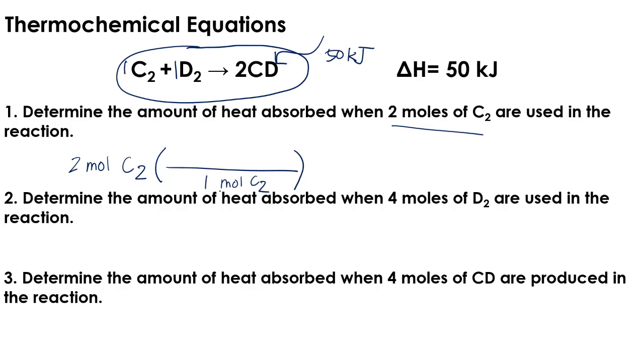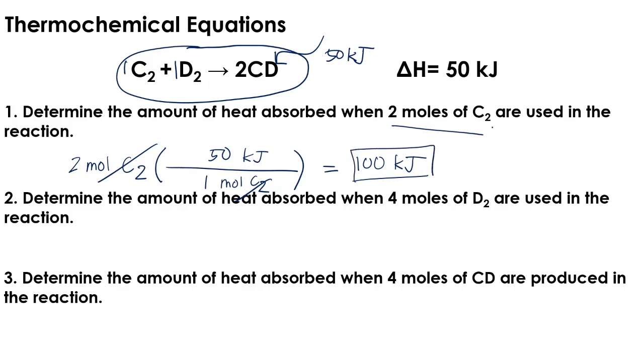So for every 1 mole of C2, what is the delta H? Delta H is equal to 50 kilojoules. And then I think we're ready to solve this one. That's 2 times 50, it's equal to 100 kilojoules. So the answer for this one is 100 kilojoules.